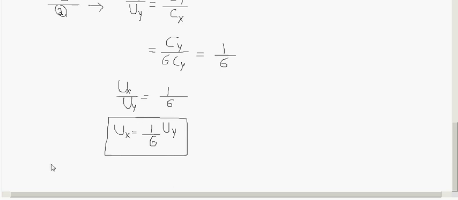This is the relation between the energy stored in X and Y.